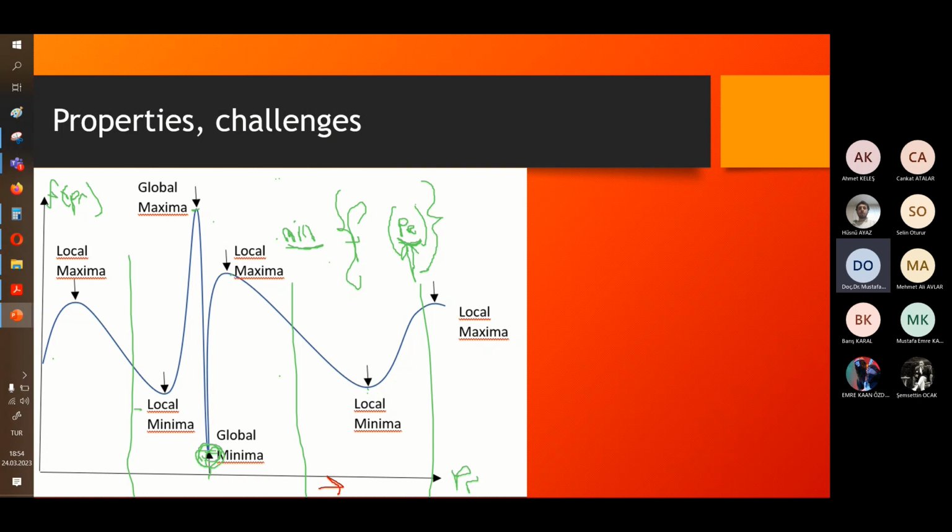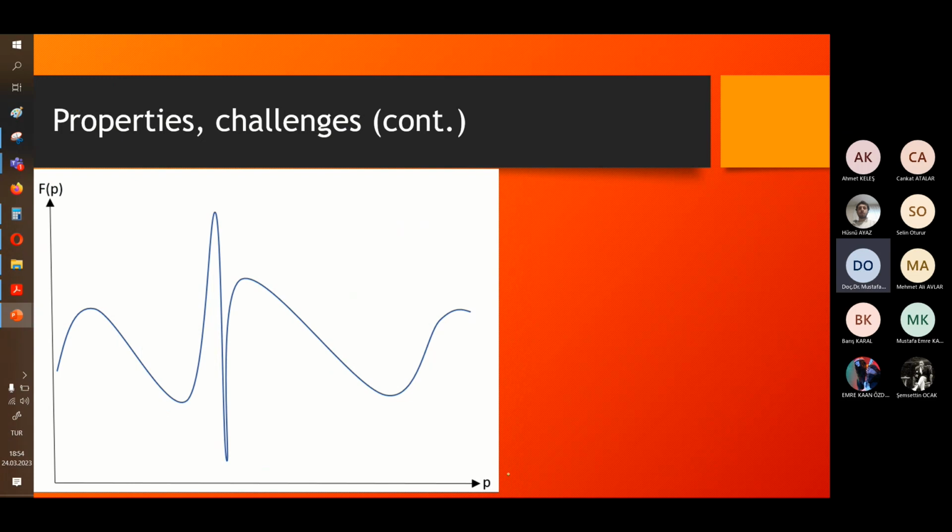Okay, and now P and F(P) is given, and if you know the function, we can easily draw that one, and if we are looking for that global minima, we will try to find out which value is giving that one. So actually in this problem we are trying to find out which P value minimizes this function. Okay, and as I told you, take the derivative and make it equal to 0 and find out among them whichever is the minimum, you can get the result.